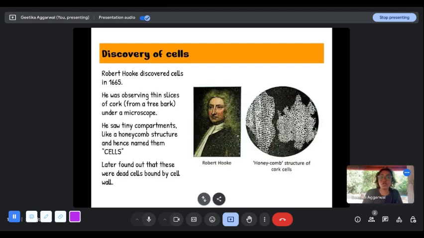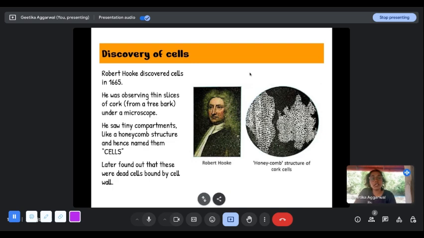Coming first and foremost to the discovery of cells. How were cells discovered in the first place? There's a scientist called Robert Hooke who discovered cells in 1665. He had a microscope and cut thin slices of bark or cork and observed them under it.